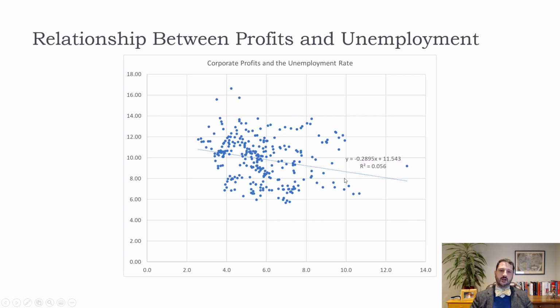Maybe a little bit that says it's downward sloping, so a higher unemployment rate leads to lower profits, and a lower unemployment rate leads to higher profits, or the other way around, right? These are just correlations. So not necessarily supporting this model completely well.